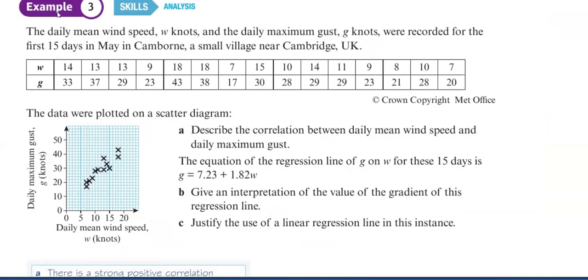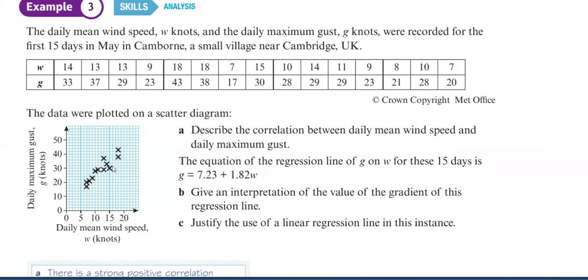We consider example 3 now. There are two variables, W and G. We have details of that. W is on the x-axis, therefore we assume it is the independent variable. G is on the y-axis, we assume that is the dependent variable.